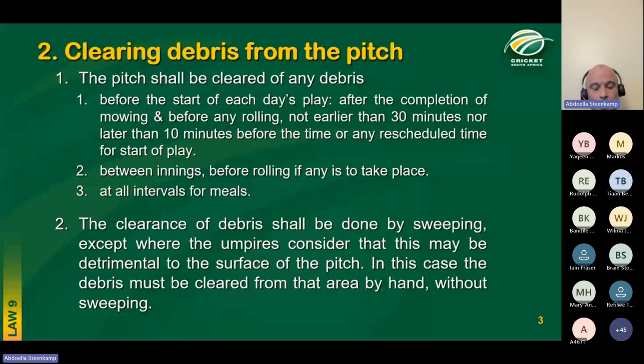But if the umpires consider that using the broom to clear the debris from the pitch might be detrimental to the surface of the pitch, and you'll find this often in places like India, Sri Lanka, Pakistan, where the surface is not as hard as in places like South Africa, England, Australia, New Zealand.